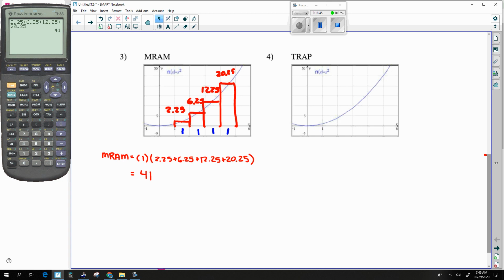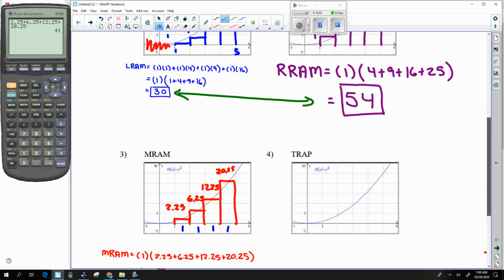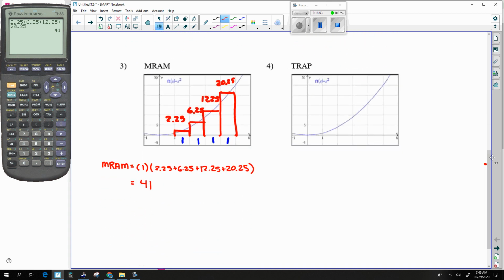Okay, and last one is the trapezoid. And in the trapezoid, we have these various heights. So we have heights again of 1, 4, 9, 16, 25, because this is on x squared.